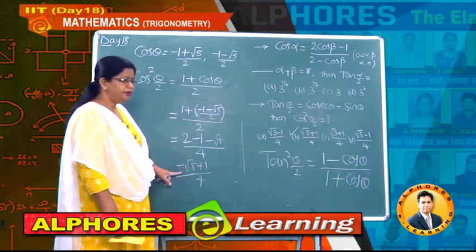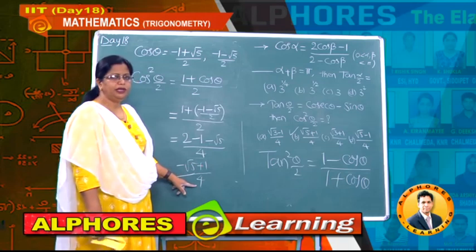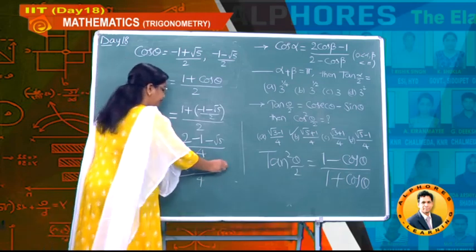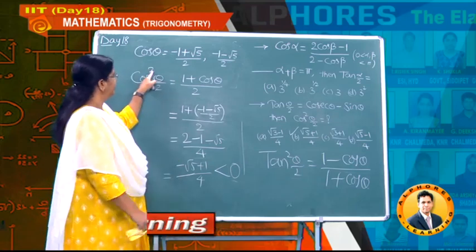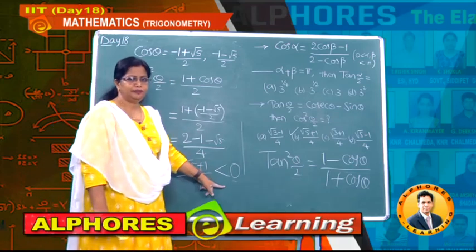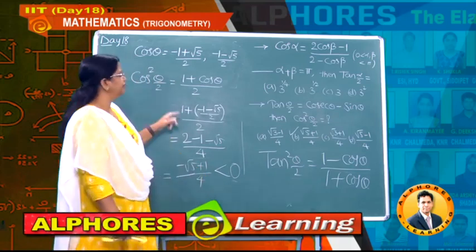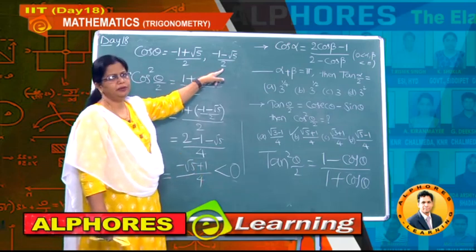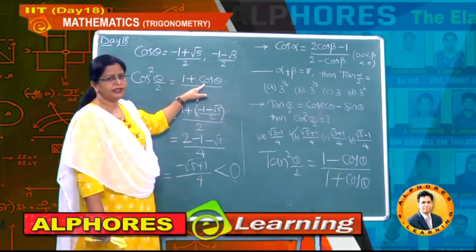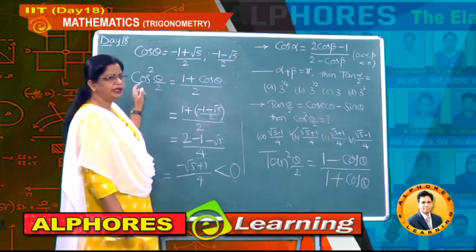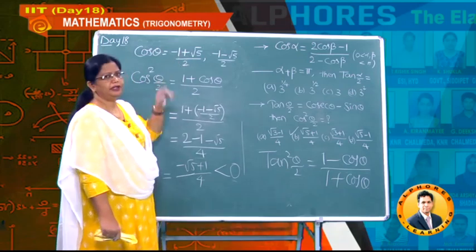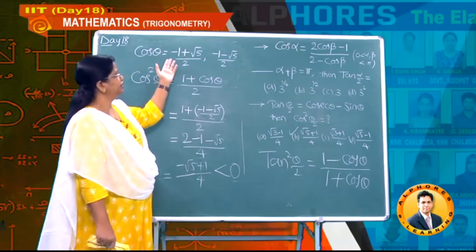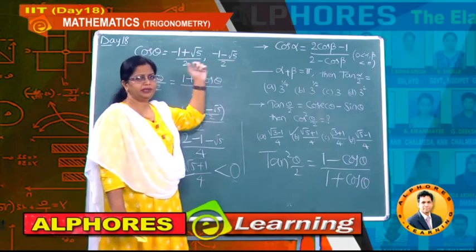Hence the numerator is negative, the denominator positive. The total value you got, students, is negative. A square value in real numbers cannot be negative. Hence we cannot consider this value for the substitution of cos theta, and we consider only the value 1 plus root 5 minus 1 divided by 2. Here also you can give that kind of justification.